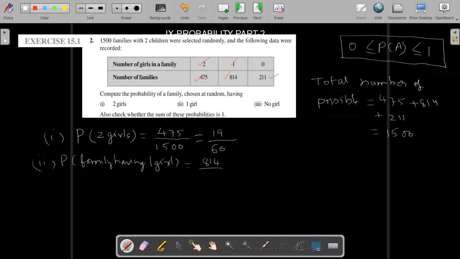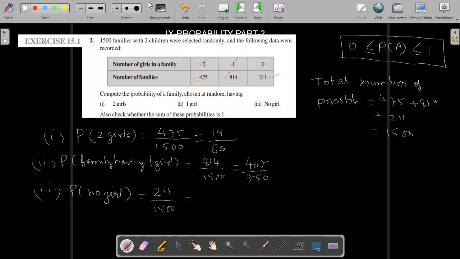That is 814 divided by 1500, and you can write it in the simplest form: 2 4s are 8, 2 7s are 14, and 750. Then the probability of no girl child will be equal to 211 divided by 1500, and it cannot be converted further into the simplest form.